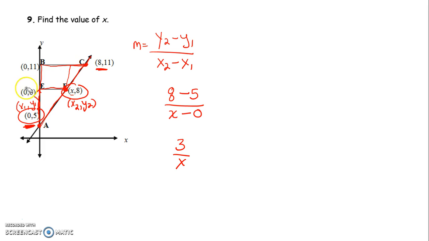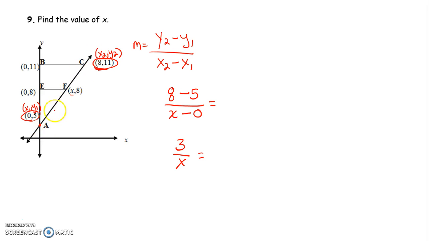Now what I'm going to do, I'm going to erase all this stuff. Now I'm going to call this first point x1, y1. And this point up here I could call x2, y2 and apply the formula again and know whatever I get there, it has to be the same as 3 over x. So I'm going to apply the same slope formula now with these 2 points. It shouldn't matter what 2 points I go between.